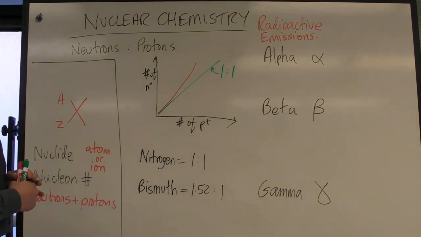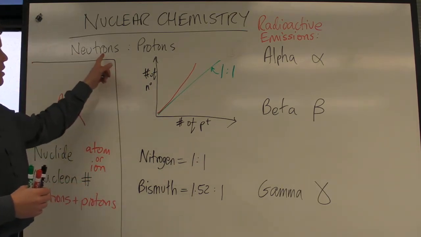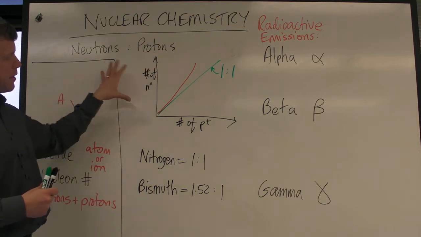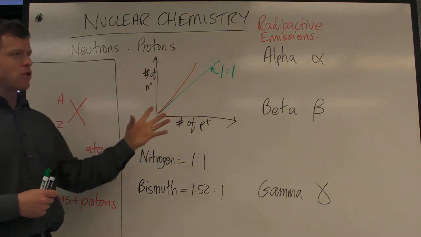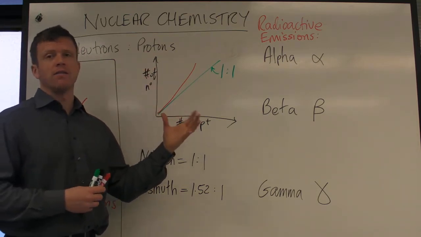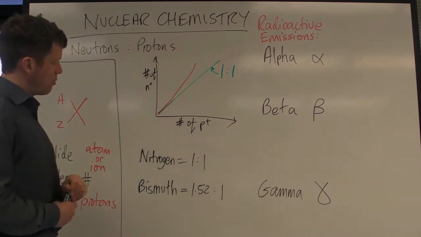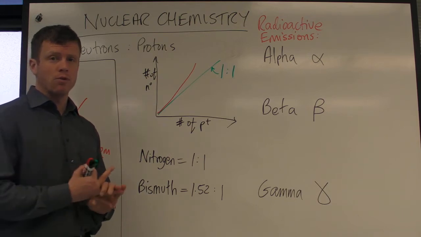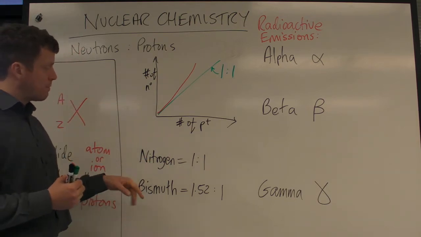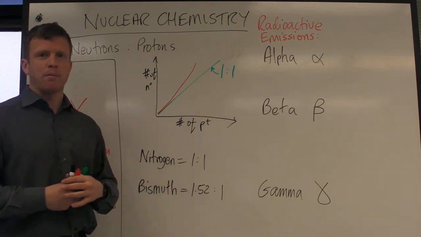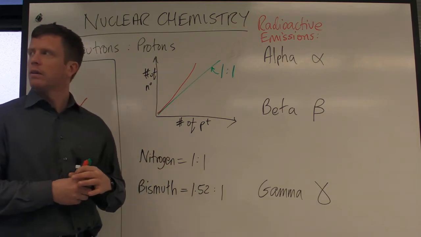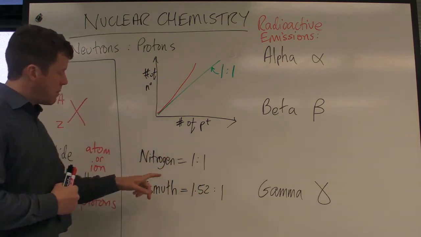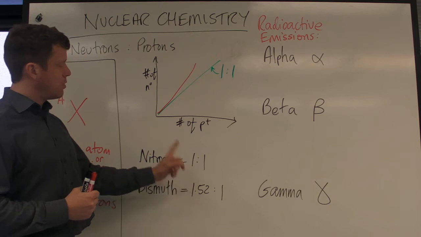All right, so let's look at the ratio of neutrons to protons, and that's going to help us understand why some substances are just naturally radioactive. So smaller elements, or elements that have got a smaller number of electrons and protons, for example nitrogen, and oxygen's a good example, carbon, a lot of the smaller numbers, have equal numbers of neutrons and protons.